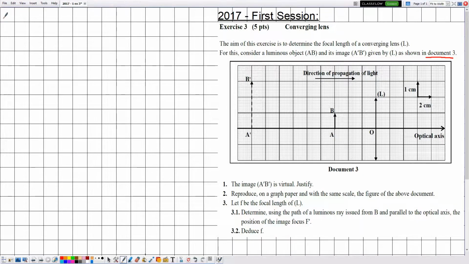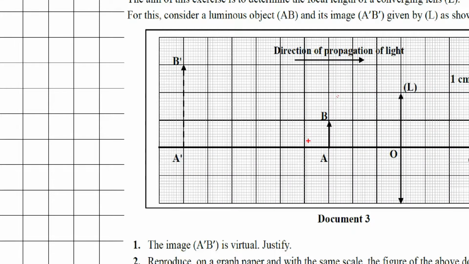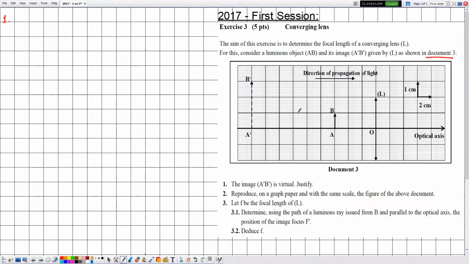Number 1, they are telling me that the image A prime B prime is virtual, justify. In other words, they are asking me about the nature of the image A prime B prime. Notice that here the object AB is pointing upward and the image A prime B prime is pointing upward, which means that the image and the object are in the same direction, which means that the image is erect with respect to the object. And whenever the image is erect with respect to the object, then the image is virtual.